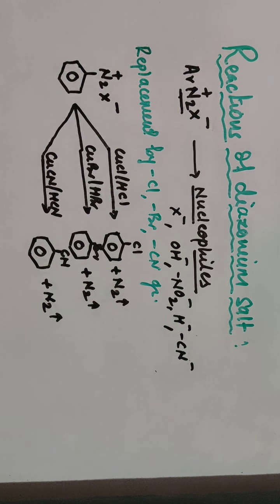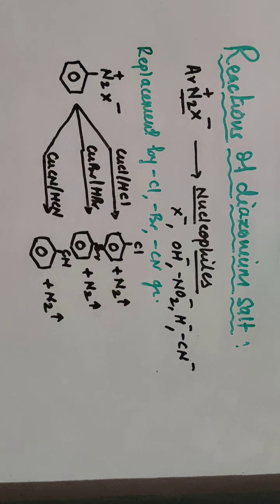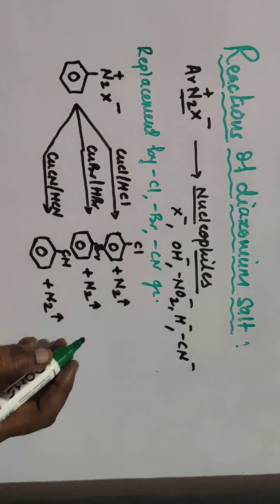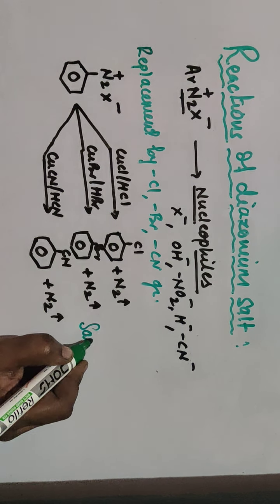So every time there is an evolution of nitrogen gas and the diazonium salt is treated with a cuprous compound, either cuprous chloride or cuprous bromide or cuprous cyanide with mineral acid like HCl, HBr and HCN, and this reaction is called Sandmeyer reaction.